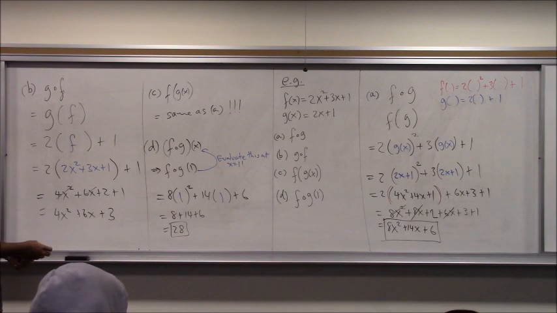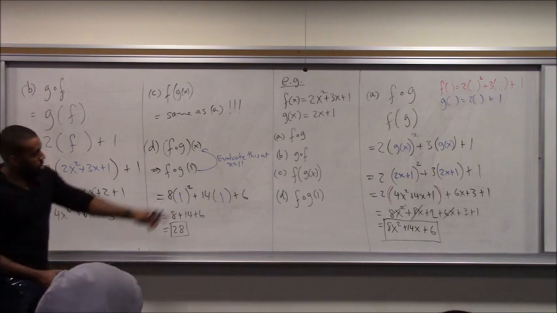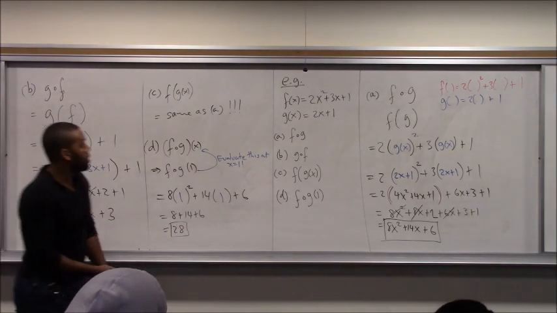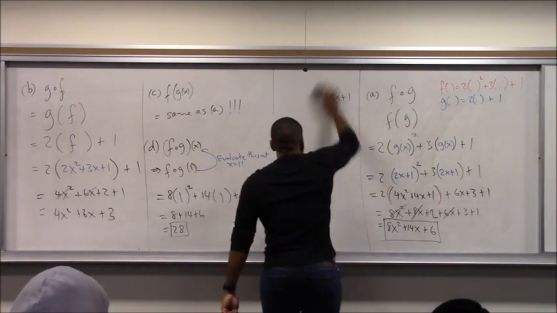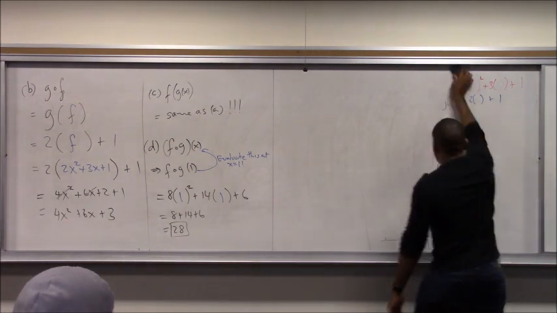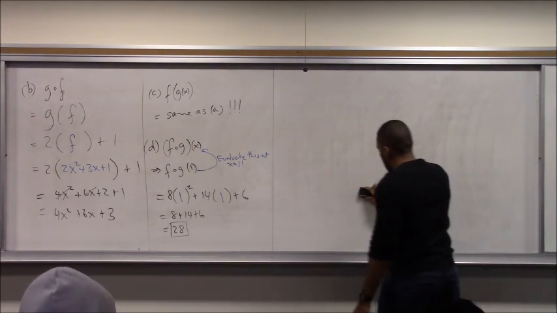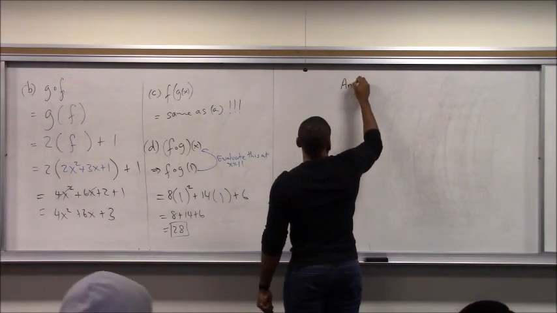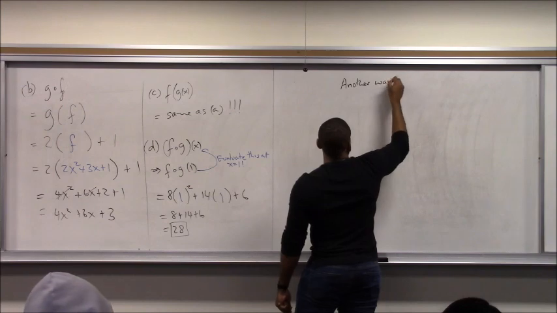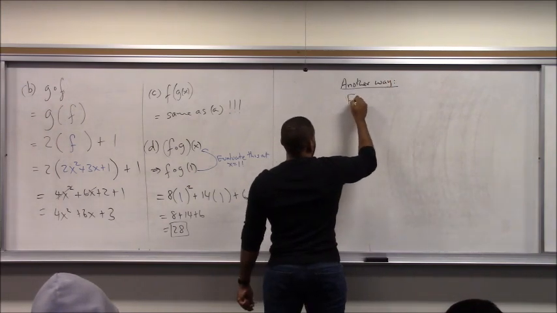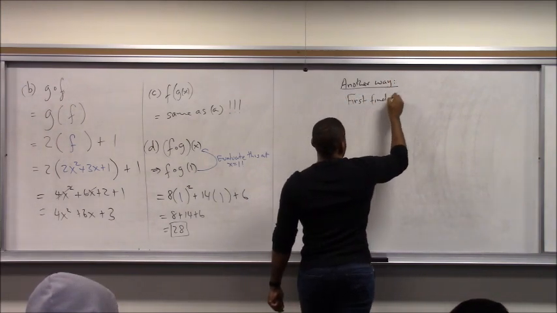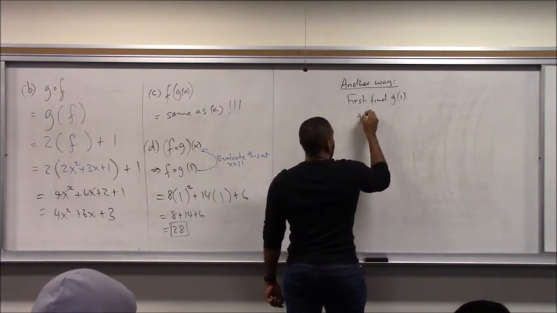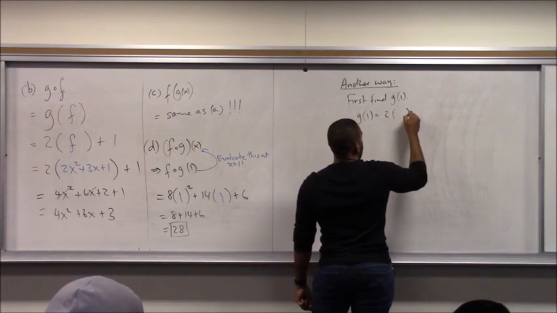Now, I want to mention that, in the event that we didn't do all of these, there are a couple ways you could have looked at this. Another way is to first find g of 1. So we know g of 1 would be 2 times blank plus 1.